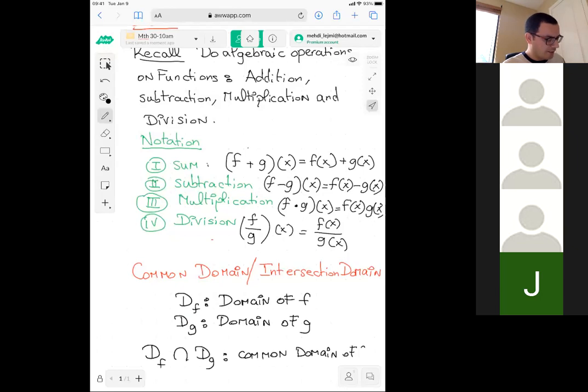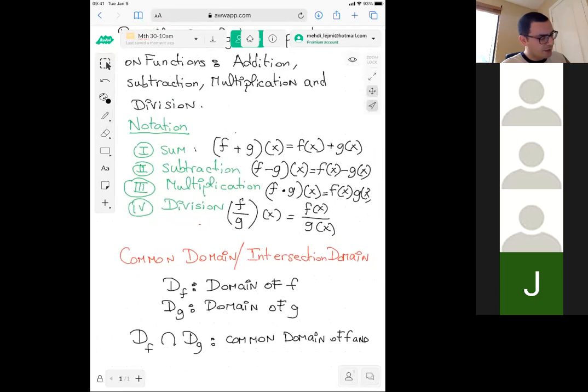And we had a couple of examples yesterday on how to find this common domain.